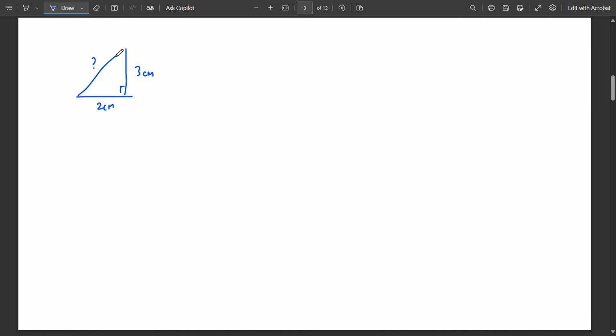Well, we can easily find this one by Pythagorean theorem, right? But how do we find the angles of this? We know that this is 90 degrees, but we don't know this angle and this angle. So that's where trigonometric ratio comes in.